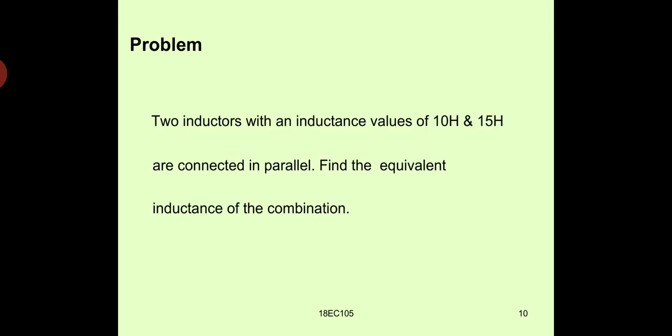Find the equivalent inductance of the combination. Now how to do it? Just as we did for parallel resistors, it will be along the same lines. The given data is L1 equal to 10 henries, L2 equal to 15 henries.